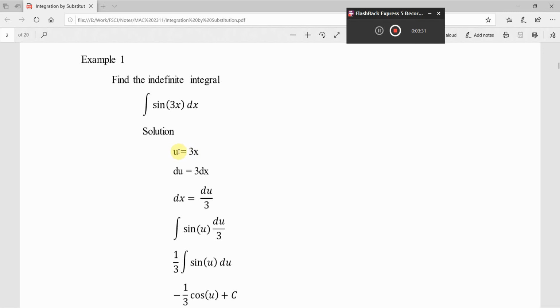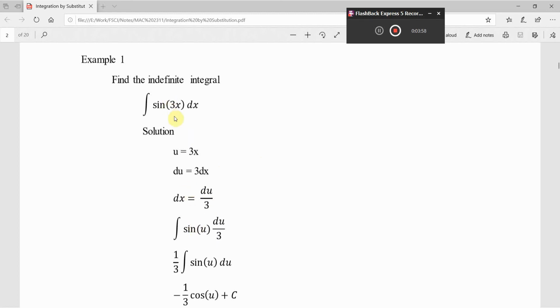So the derivative of u becomes a du, and the derivative of 3 times x gives me the coefficient of 3 times dx. So I have du is equal to 3 times dx. I want to solve this equation for dx. So that ends up giving me dx is equal to du over 3.